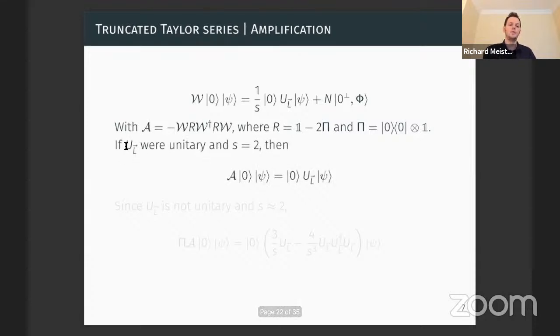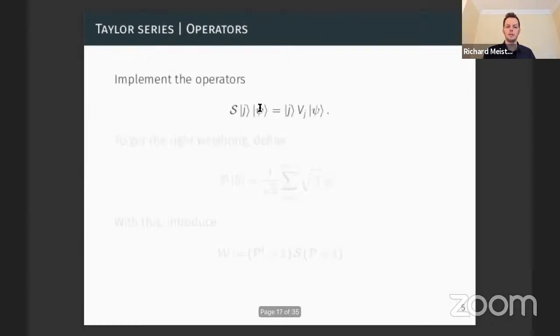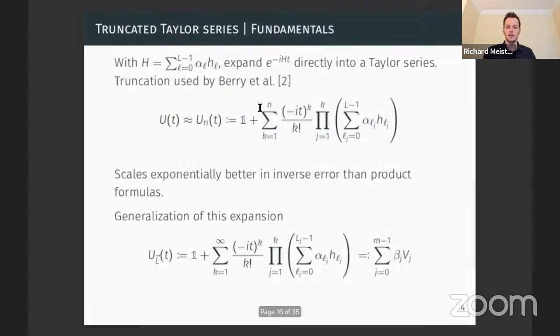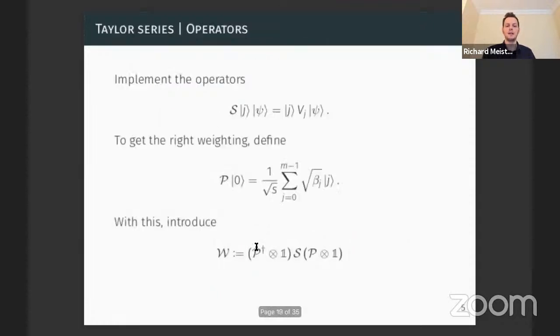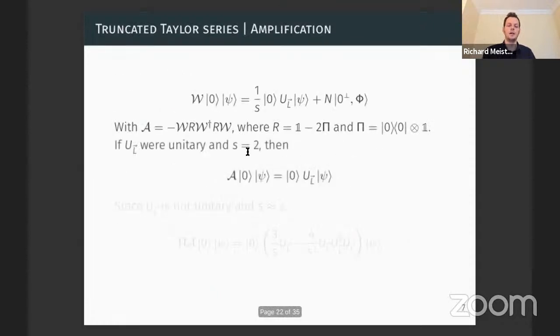And now, if UL were really a unitary, and s would equal 2, so remember, s is the sum over all the betas, and these betas are functions of t. If we go back, you can see these betas here, they contain this t to the k. So we can adjust the time step size to ensure that s equals 2, but UL will not be exactly a unitary, because we have to truncate at some point.